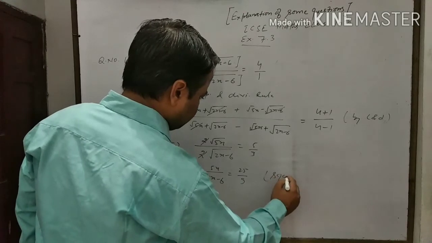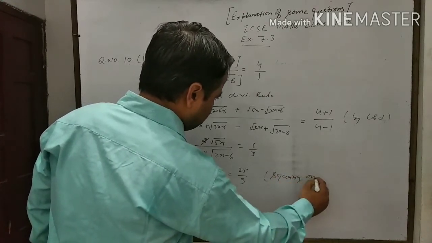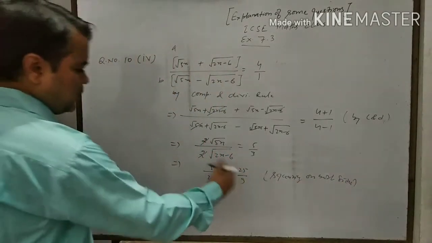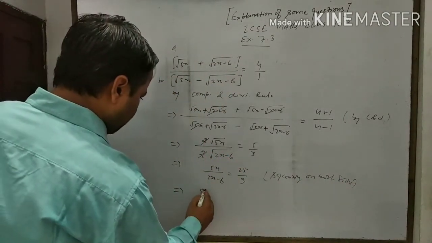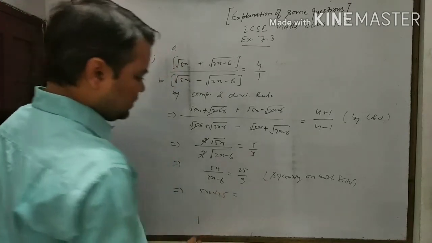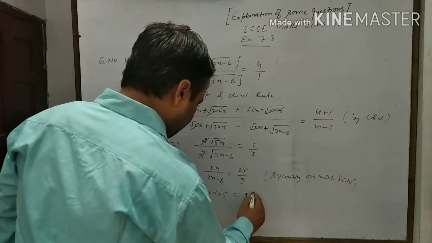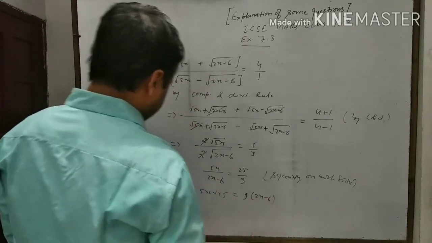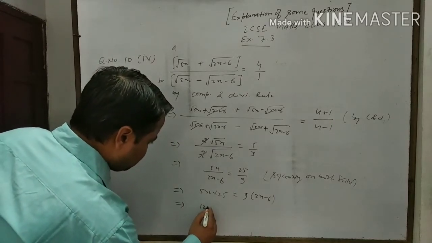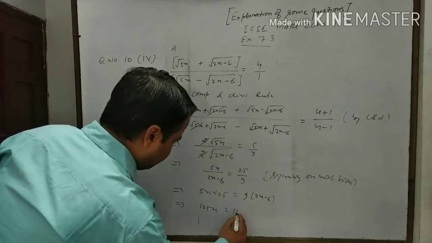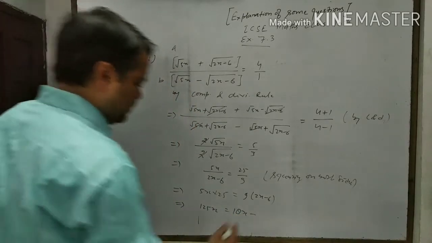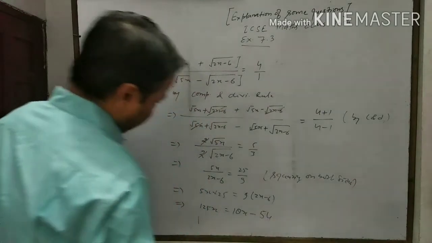Now cross multiplication. Here 5x into 9 is equal to 25 into 2x minus 6. The next step, 5 nines are 45x is equal to 50x minus 25 into 6, 150.